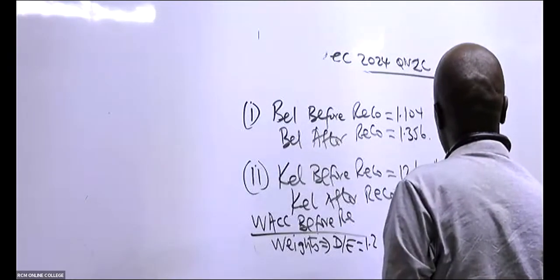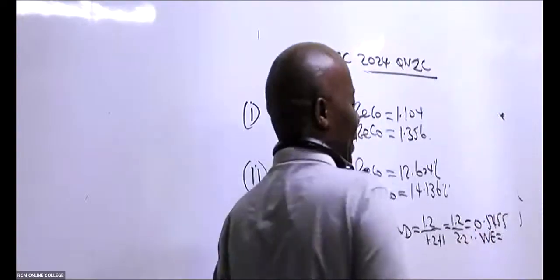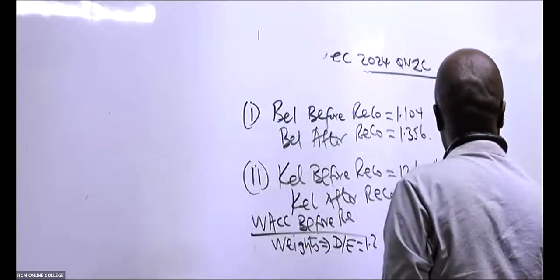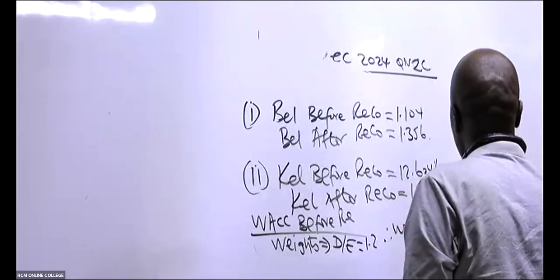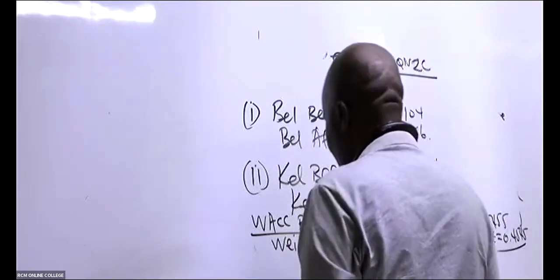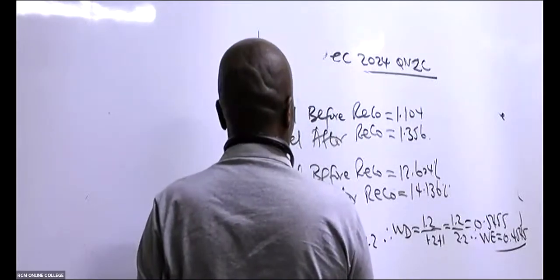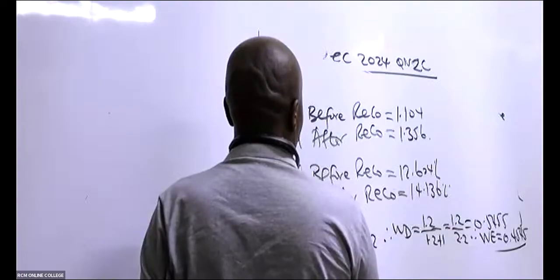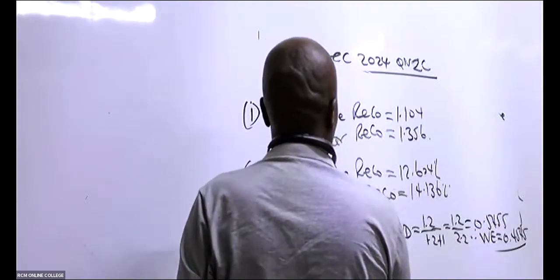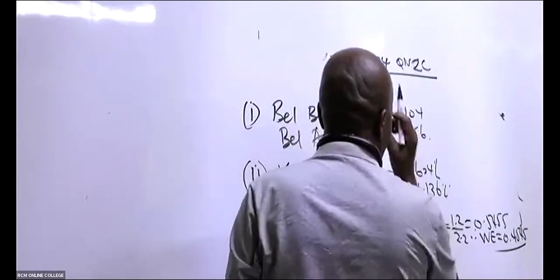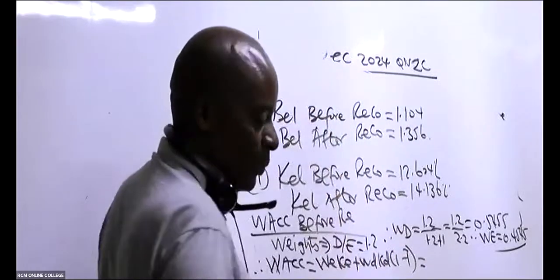And therefore, weight of equity will be 1 minus that, 0.4545. Thank you very much. And therefore, our WACC will be weight of equity times cost of equity, plus weight of debt times cost of debt, after taxation.